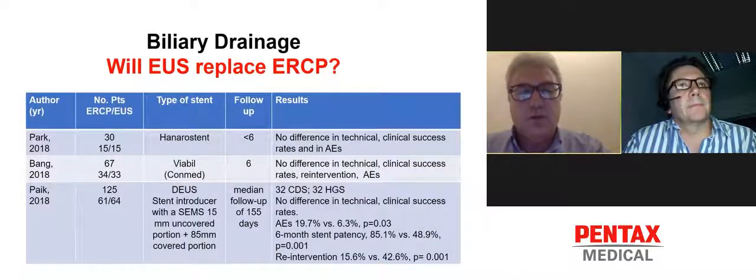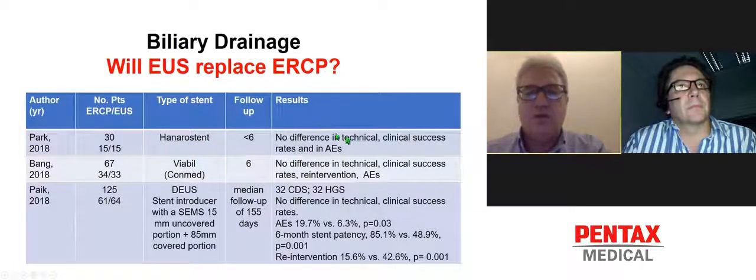The first two are one Korean and one by Bang, the Orlando group. The numbers of patients are small, 30 and 67 patients. They used biliary stents, narrow stents and wide stents, and they found no difference in any of the outcome measures.